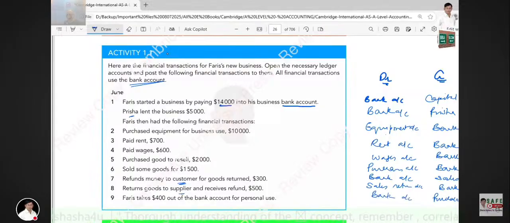So by balance brought down, 1,80,000. To bank will be 22,000. 1,80,000 minus 22,000 is how much? 1,58,000.